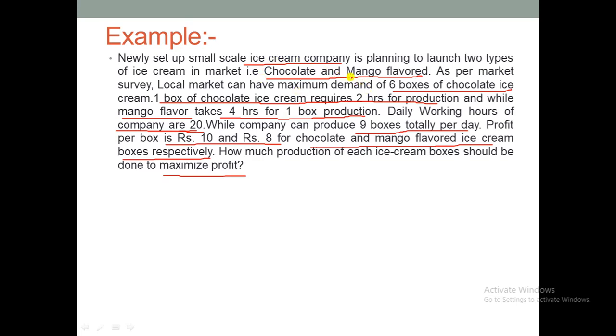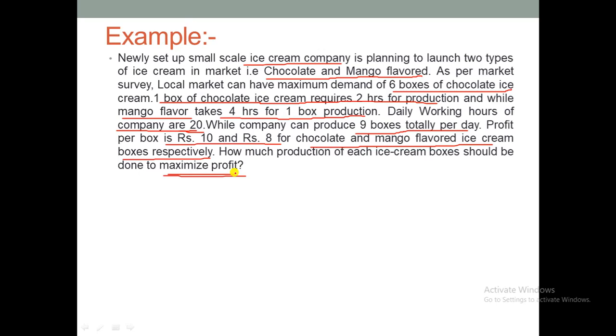A company can go for only mango flavored ice cream if profit is more. Or there may be a combination of production of chocolate flavored and mango flavored ice cream. But provided that it should give a maximum profit. So whatever the condition may be, it should give maximum profit.